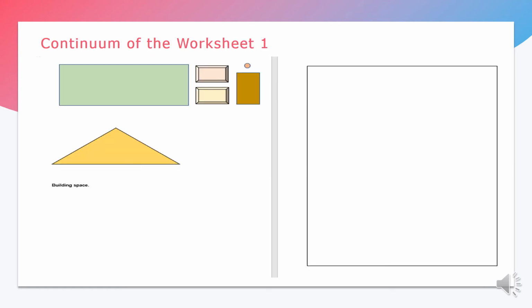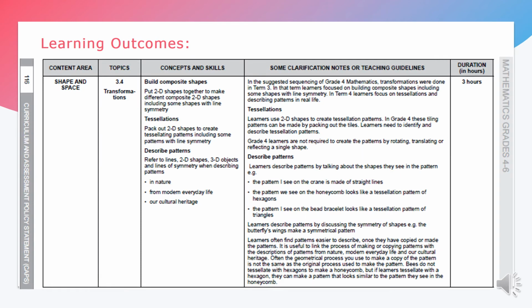Last but not least would be still on transformation, but tessellation. Let's just remind ourselves for a moment what we wanted for tessellation. We said we wanted to use 2D shapes to create tessellating patterns, including patterns with line of symmetry, and what you need to learn and describe in the patterns.